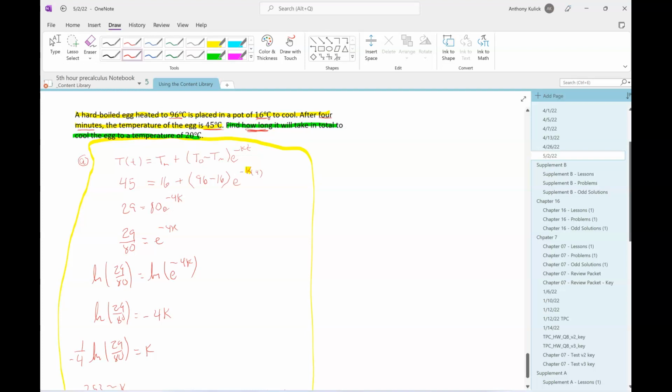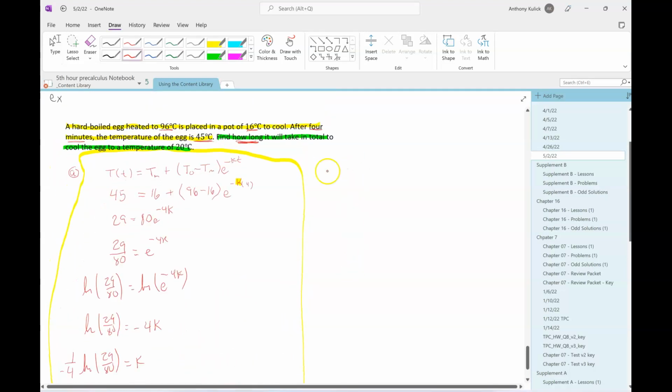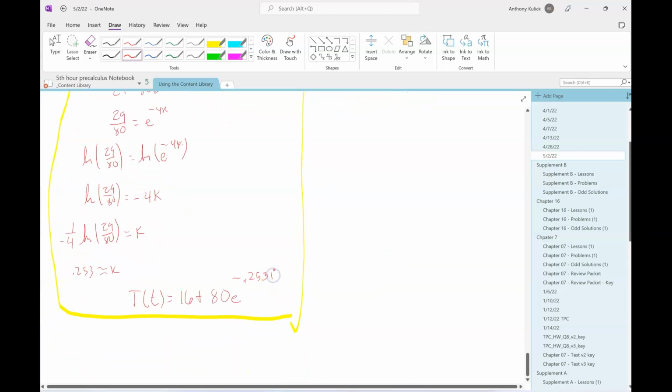T, it will take in total to cool the egg to 20 degrees Celsius. Okay? So what's this 20 degrees then going to be? T of t. Very good. So we're going to solve, oops, that's a t there.